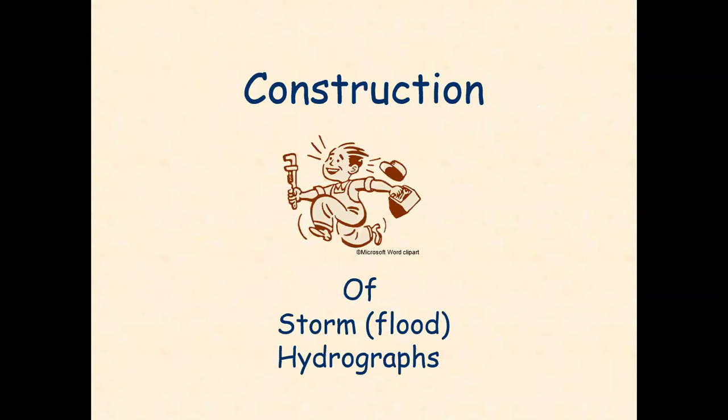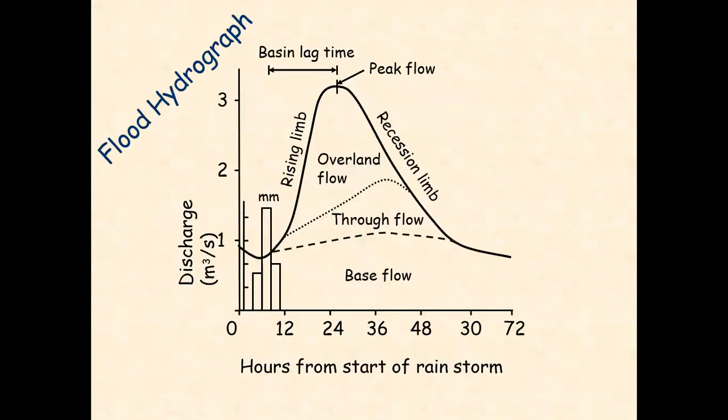Construction of storm or flood hydrographs. This graph shows a flood hydrograph, with hours from the start of the rainstorm, or duration of storm, on the x-axis, and discharge in meter cube per second on the y-axis. The components of the graph are the rising limb, peak flow or basin lag time, recession limb, base flow, and overland flow.